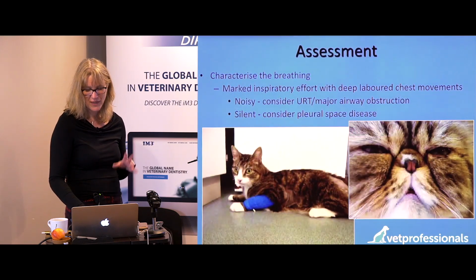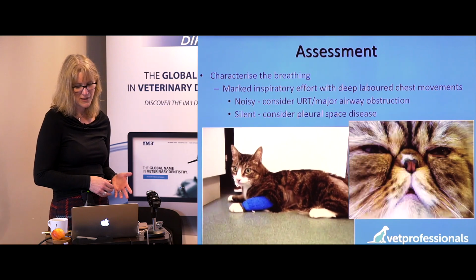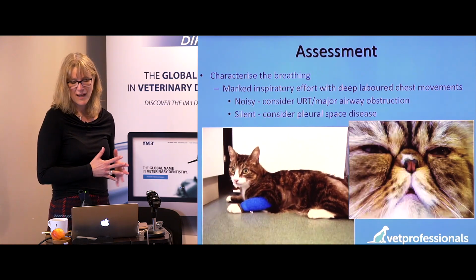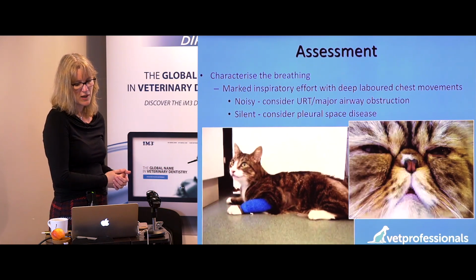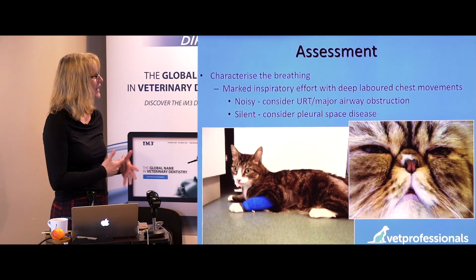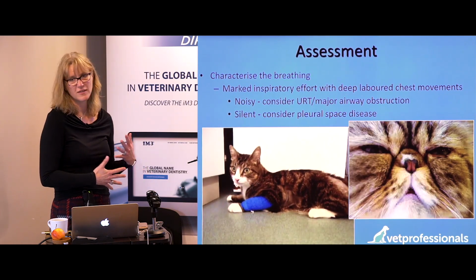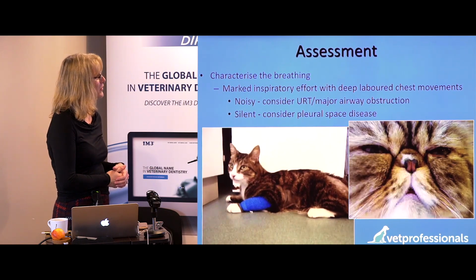So then, when we're looking at a cat, we want to try and characterise the breathing. Is the effort associated with breathing in or breathing out, or both? And often cats that have a lot of inspiratory effort, if it's silent, that tends to be pleural space disease.